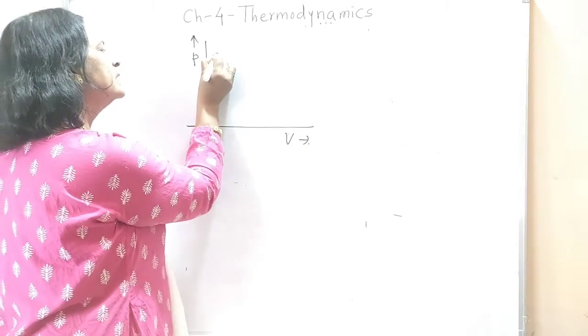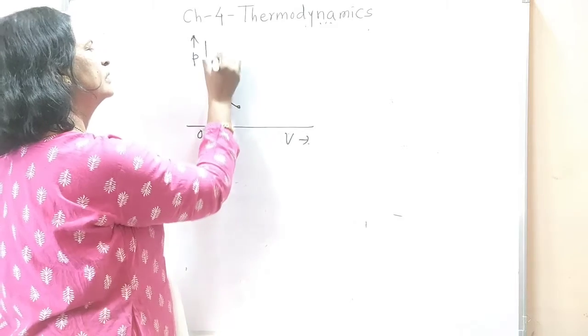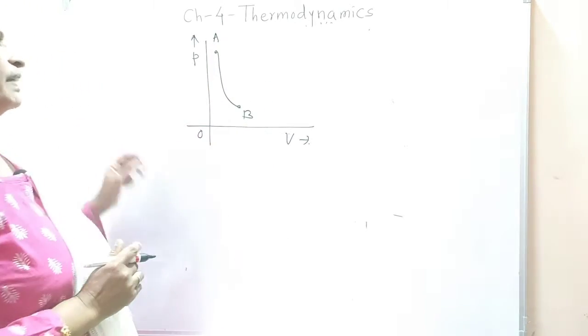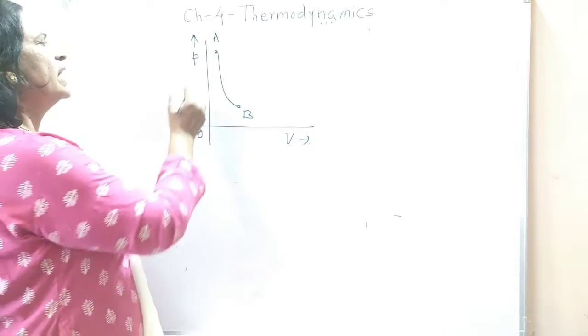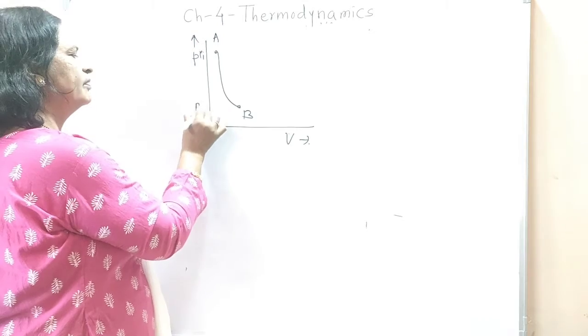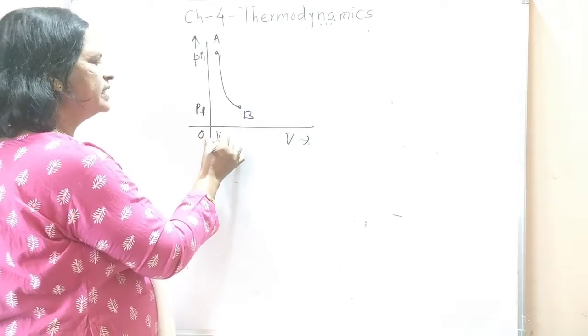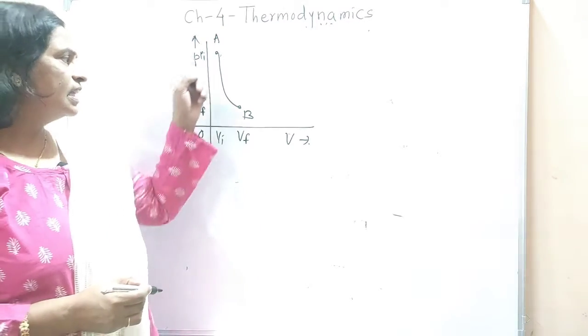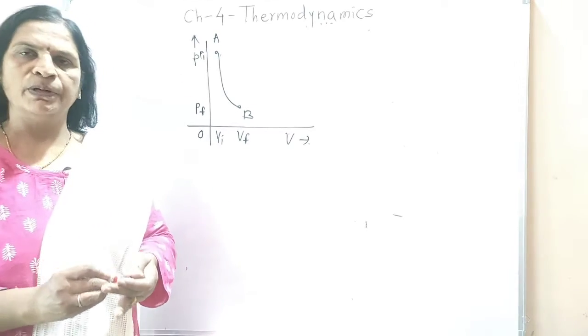Then this is the nature of the PV diagram. Now in this case, Pi is the initial pressure, Pf is the final pressure, Vi is the initial volume, Vf is the final volume. This nature is a rectangular hyperbola.